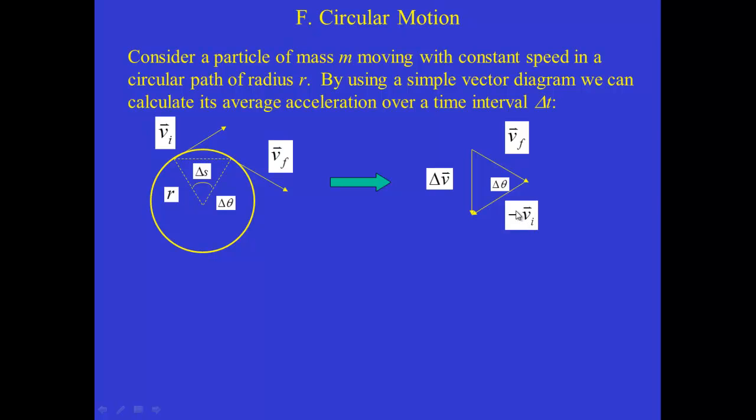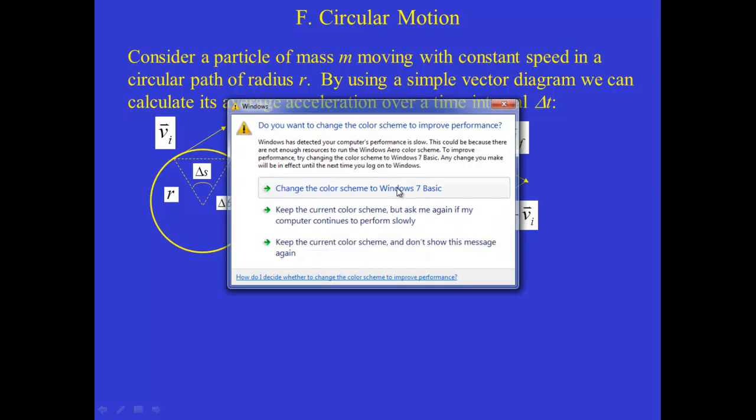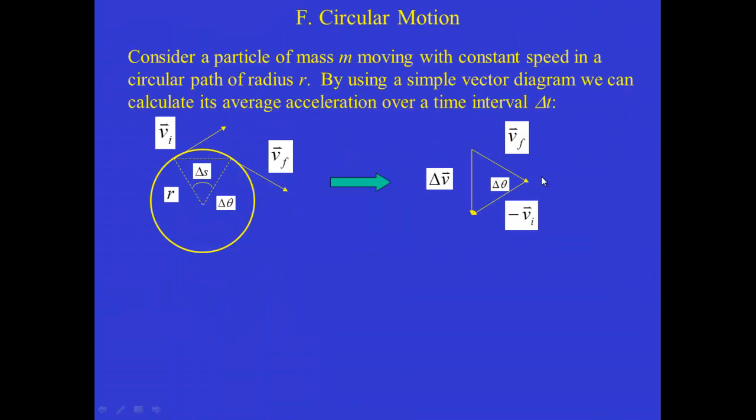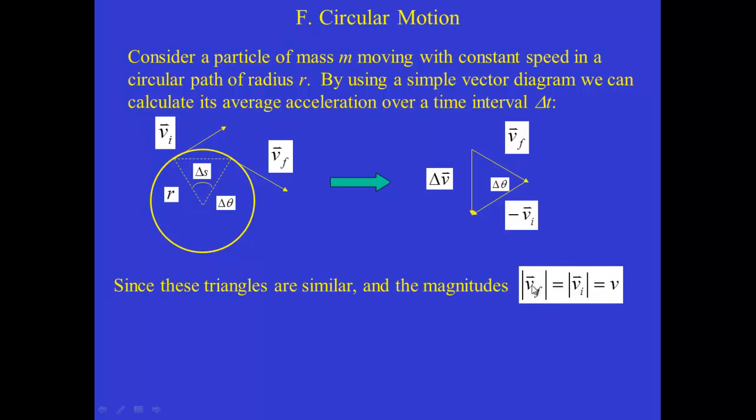So it's pretty easy to see, since v final and v initial have the same magnitude, that by comparison to the triangle on the left hand side, those two triangles are similar to each other, because the angle delta theta is the same for both, and the two sides are the same in magnitude. As a result, there's going to be a simple proportionality relationship that we can write down for similar triangles. We know that v final and v initial have the same magnitude.